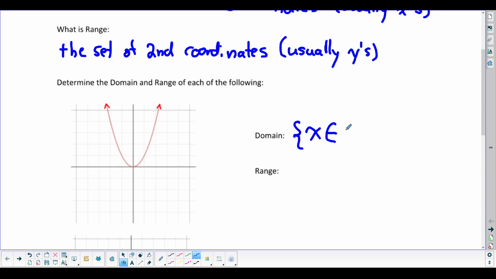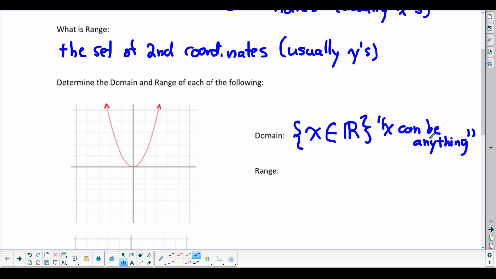This one is a curvy capital E. And we're going to use this, which is a capital R with two back sticks. To us, it's saying x can be anything. Okay. That's what it says to us.